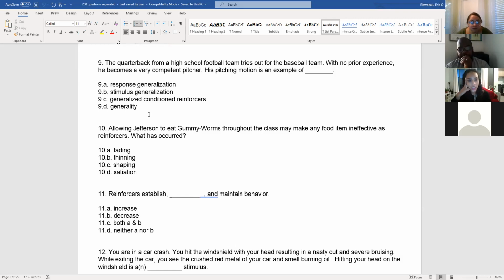I'm thinking it's response because he went from football to baseball. Number 9. It's a different topography, the way you throw the ball as a football quarterback versus the pitching of baseball. At first I looked at the stimulus, but no, wait. Response generalization, A.